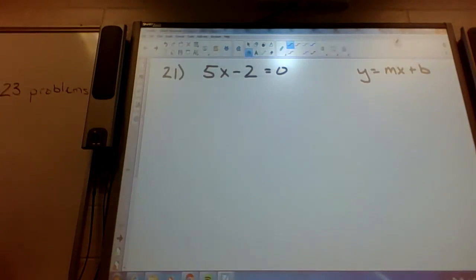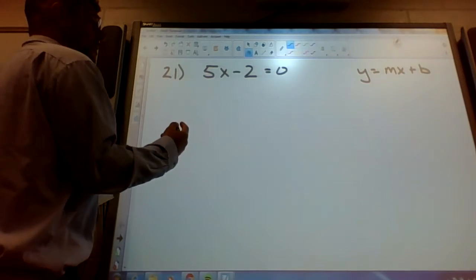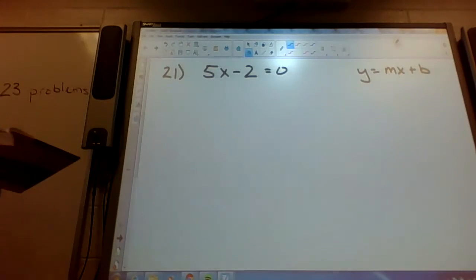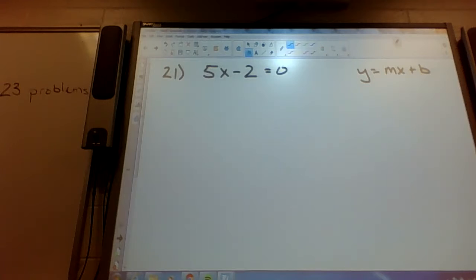But I can see something that's going to confuse me right away. What is that? There's no y. So instead of solving for y like we would if we're converting to slope-intercept form, let's solve for x, shall we? So how would I do that? Violet, what would be my first step? Add the 2.